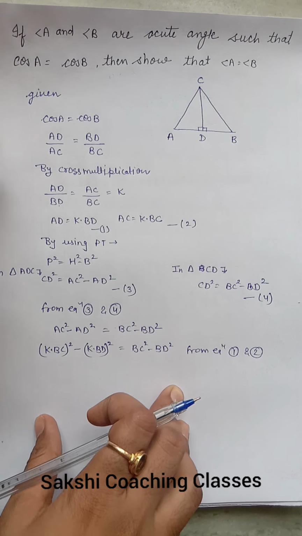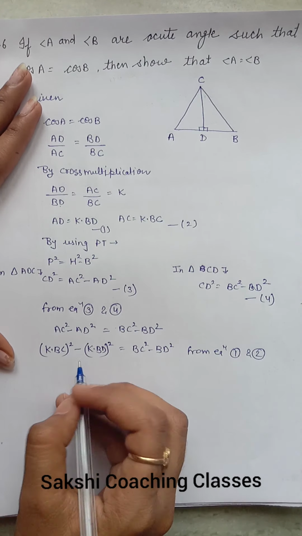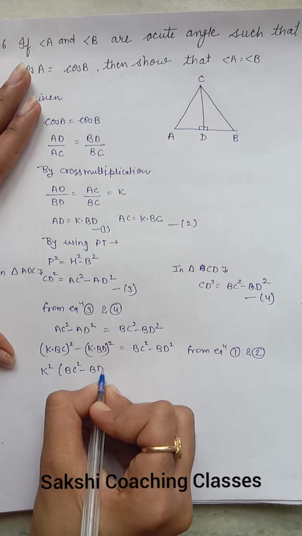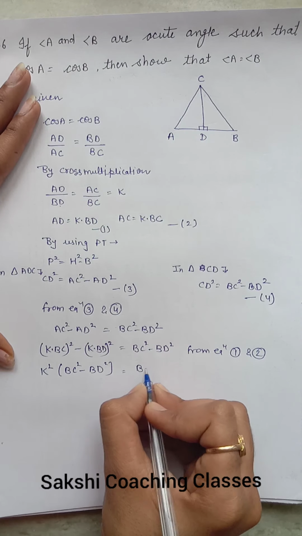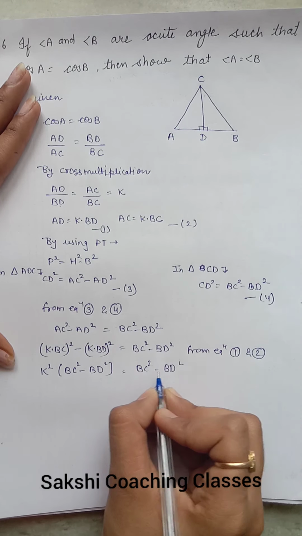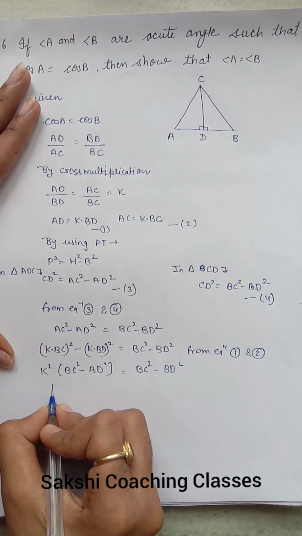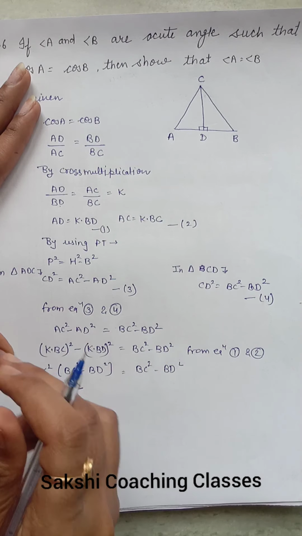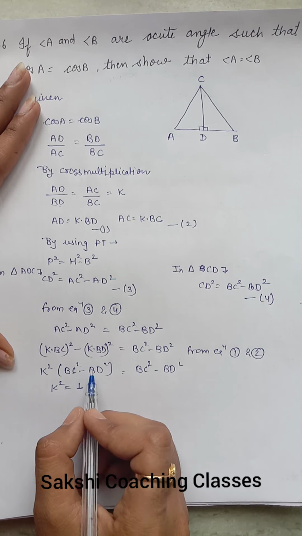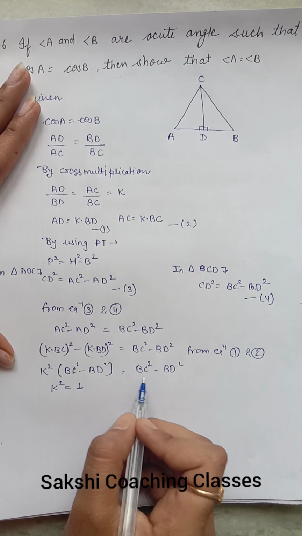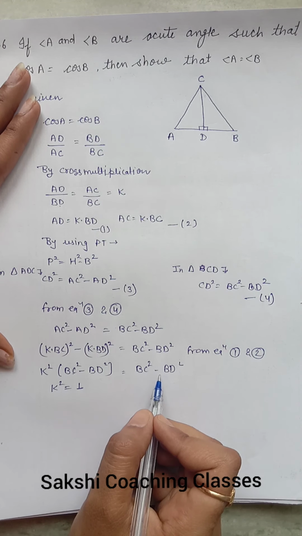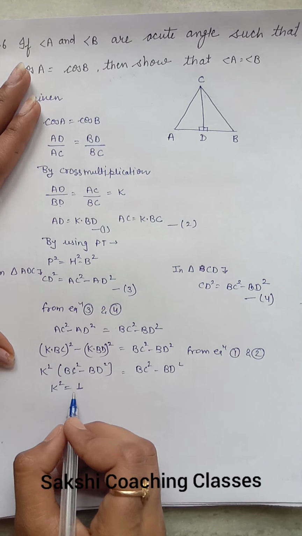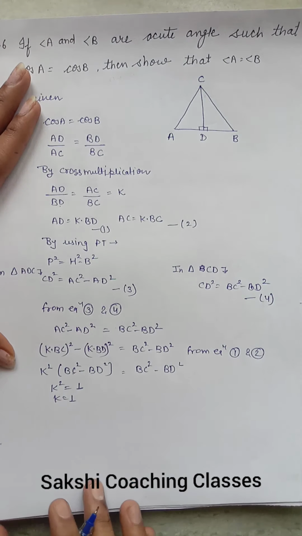Now, K square is common: K square into BC square minus BD square is equal to BC square minus BD square. When we put it, K square equals 1, because here it is in multiplication, and if it goes to the right-hand side, it will be divided. So BC square minus BD square upon BC square minus BD square. Clear? So K square is equal to 1, K is equal to 1.